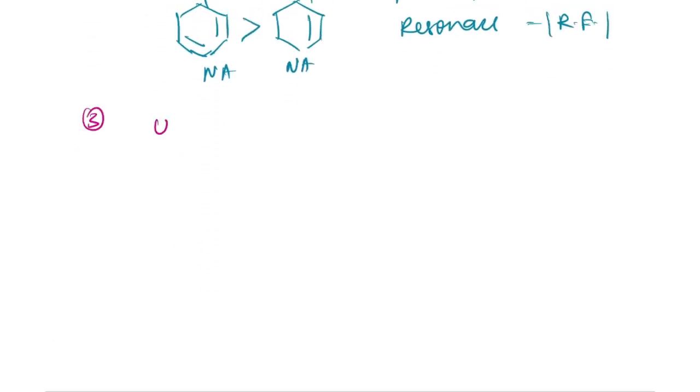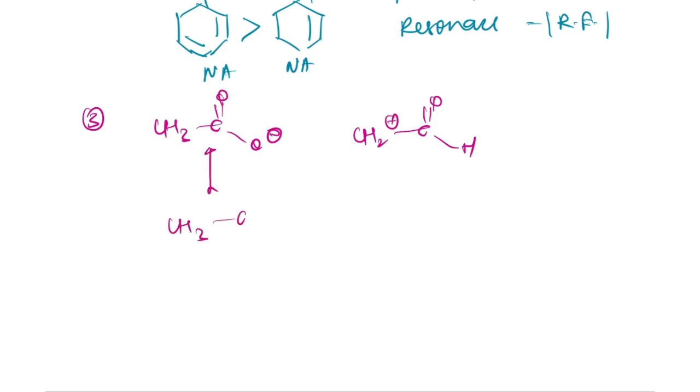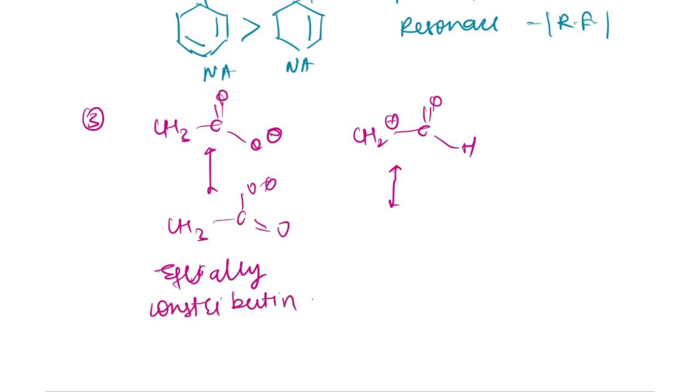Third, CH3 C double bond O negative, CH2 C double bond OH. So here, the first one is equally contributing and the second one is unequally contributing, which we have seen in the types of resonating structures, because both are equal structures.